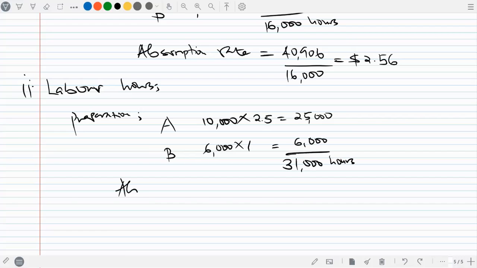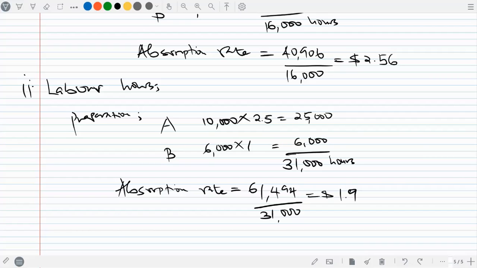Therefore, the absorption rate based on the labor hours will be equal to the cost in the preparation department, which was 61,494, divided by the number of hours, which is 31,000 labor hours, to give us 1.98 dollars.